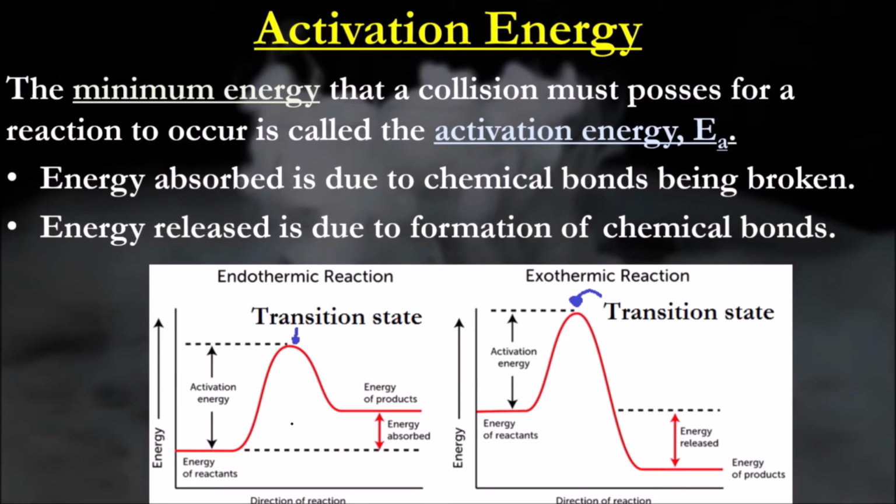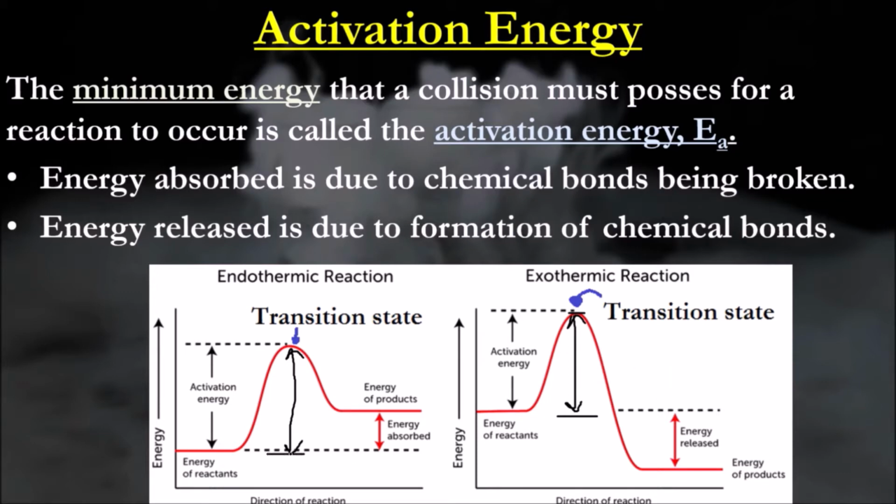So it's how much energy something needs in order to perform a chemical reaction. For an endothermic reaction, you can see it takes a lot more energy than it does for an exothermic reaction. We measure this based on the peak of what we call the transition state. So the point at which particles begin to transform, or elements begin to transform into a different substance.